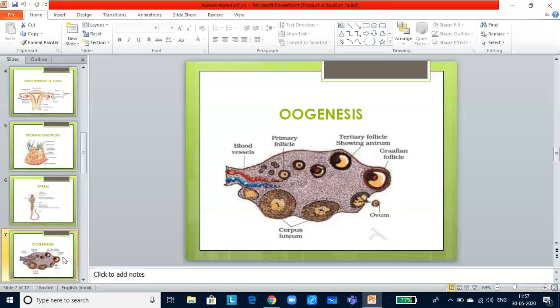Primary follicles get surrounded by more layers of granulosa cells, called secondary follicles, that transform into tertiary follicles containing a fluid-filled cavity called antrum. The tertiary follicles will further change into a mature Graafian follicle, which will rupture to release the secondary oocyte by the process of ovulation.